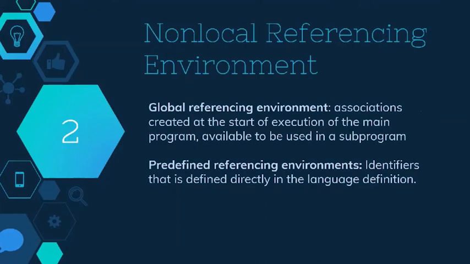So global referencing environment are the associations created at the start of the execution of the main program and can be used by the subprogram. So when we create a C code, these are the functions, these are the variables that you could see at the topmost part of the code.